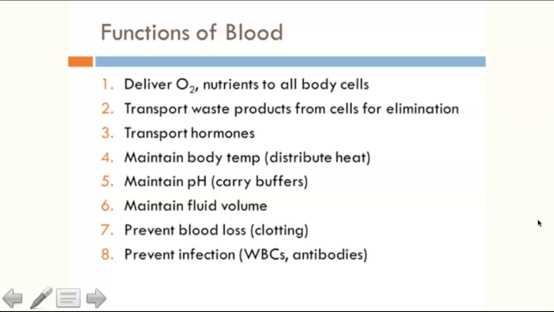Hydration basically makes sure that our water volume or our fluid volume is appropriate, and it works with our kidneys in that capacity. It prevents blood loss. So we'll talk about platelets and how they're important for blood clotting. And also very important is our ability to prevent infection with white blood cells and antibodies in the blood. So we'll talk a lot about that as we go forward.